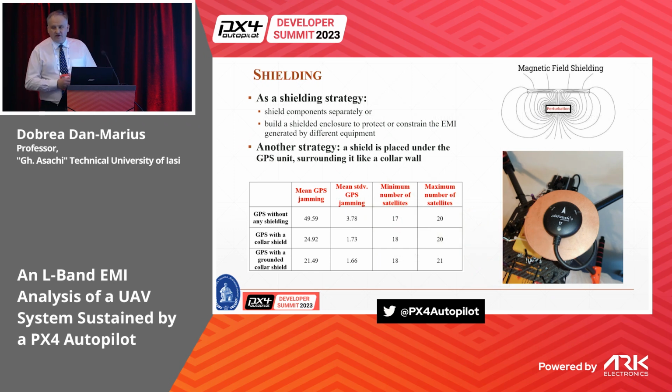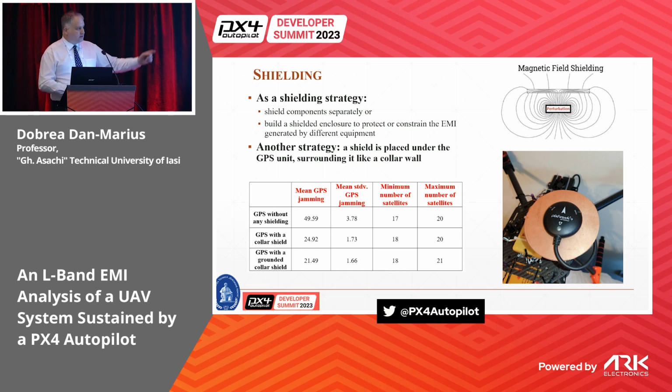You can have different strategies for using shielding. You can shield each component individually, or you can build some kind of enclosure where you put all the equipment that you want to protect. But here I'll show you another approach, where the shield is placed under the GPS, like a wall between the drone components and your GPS system.